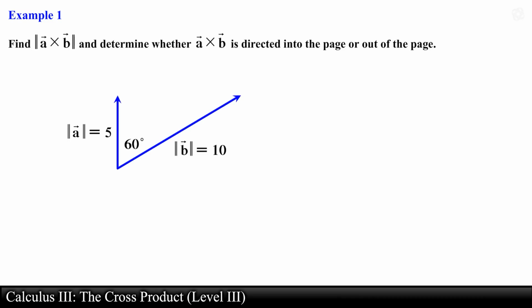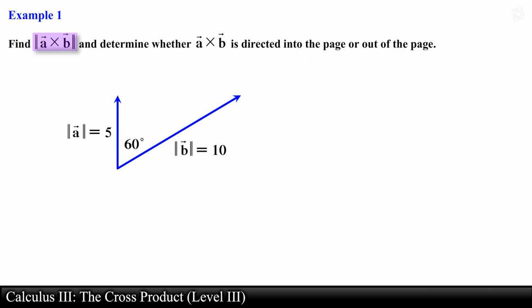Find the magnitude of vector A crossed with vector B and determine whether A cross B is directed into the page or out of the page. Here, we're given two vectors that are located on a common plane. We're given the magnitude of both vectors and the angle between them.